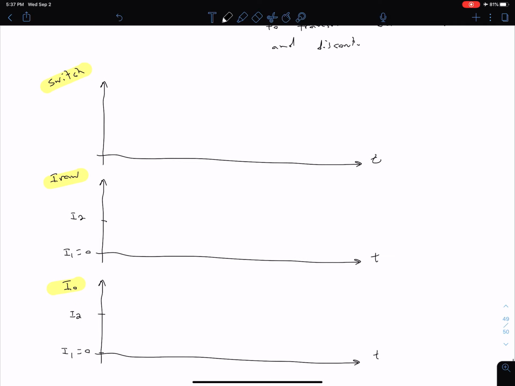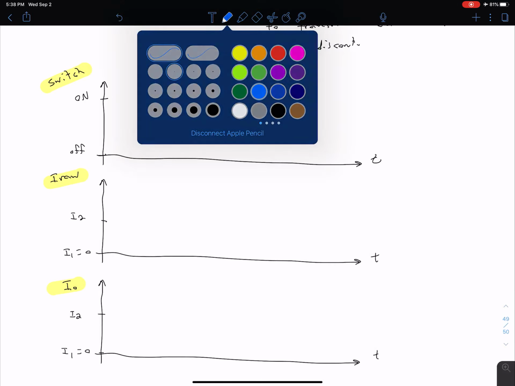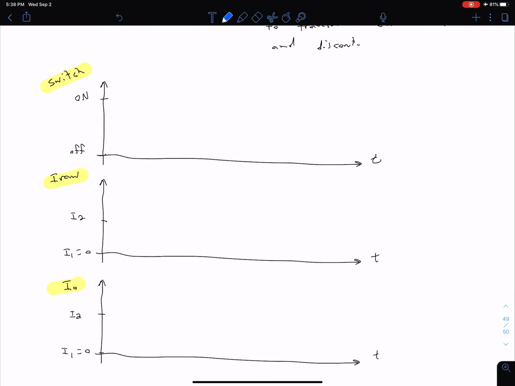Okay, so for our switch waveform, let's say up here we have on, and down here we have off, which of course corresponds to closed and open. For our switch waveform, we have roughly a 12% duty cycle, so I'm not going to try to draw that exactly accurately. It's on for a short amount of time, and then it's off for a longer amount of time, and then it comes on again.